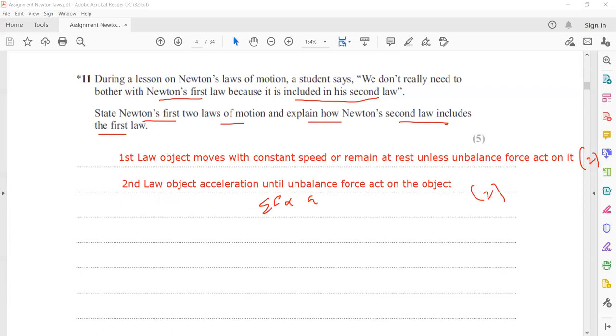Then how you relate the first law with the second law. So how are the first law and second law related? Because first law, no acceleration when no resultant force. And the second law, there will be acceleration when there is a resultant force.